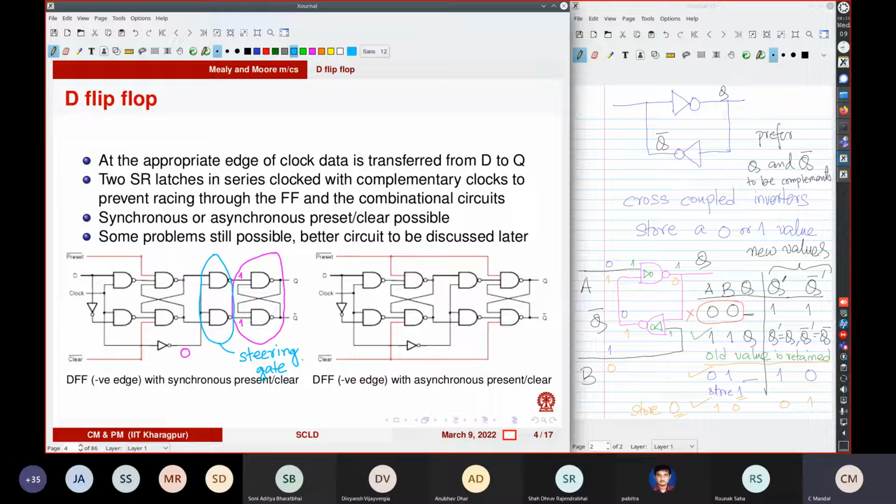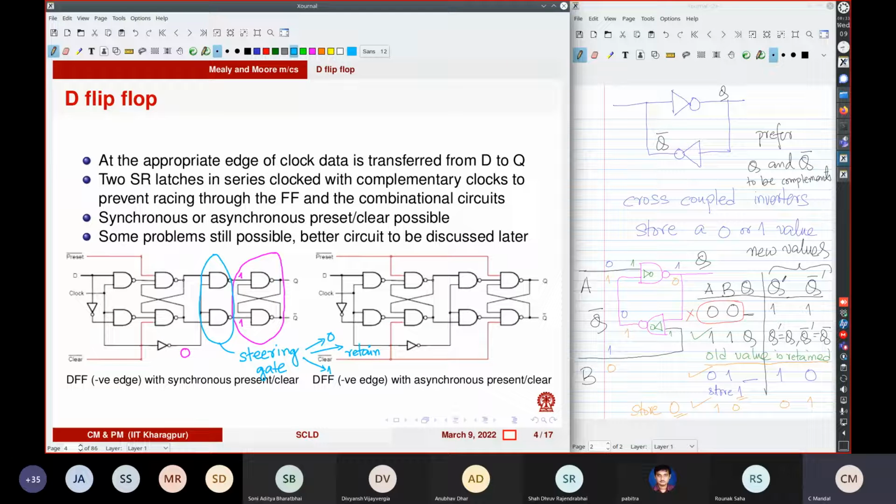So where this goes, you can steer it to either a 0 or a 1, or you retain. Okay, so you can steer the gate in 3 ways. You can steer it to store a 0, you can steer it to store a 1, or you can steer it to retain its old value.